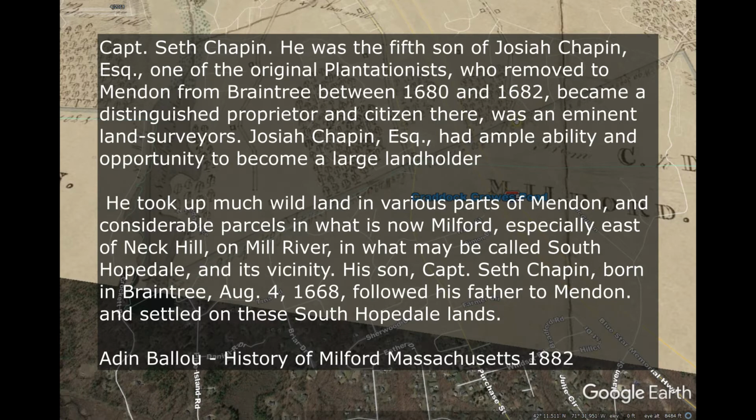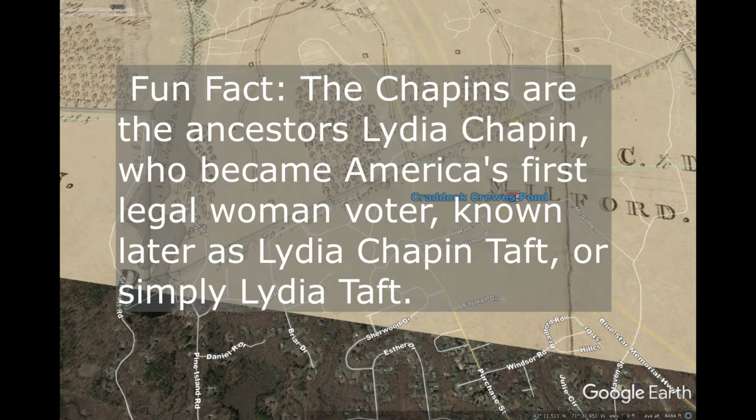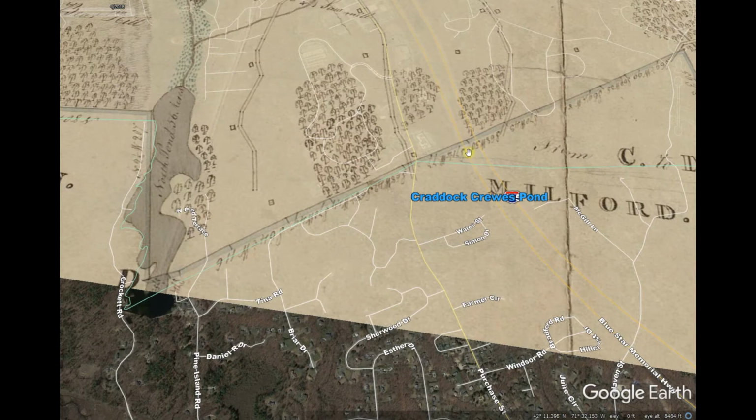Now the North Purchase is important because in the deed for the North Purchase, the additional land purchased by the town of Mendon to expand their town out is the first mention of the name Maspenock, which was in this deed with the Indians or the Nipmuc, who were the original people who owned these lands.